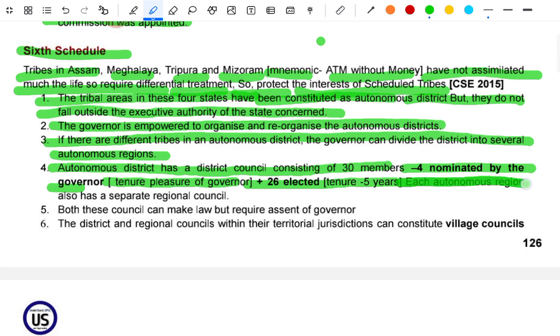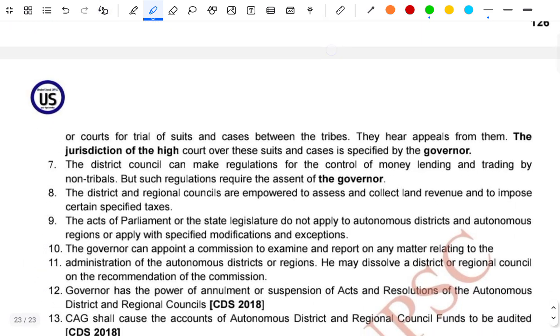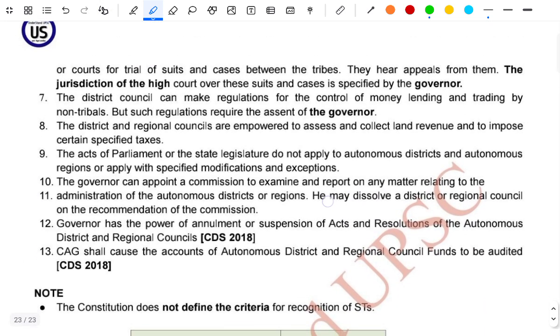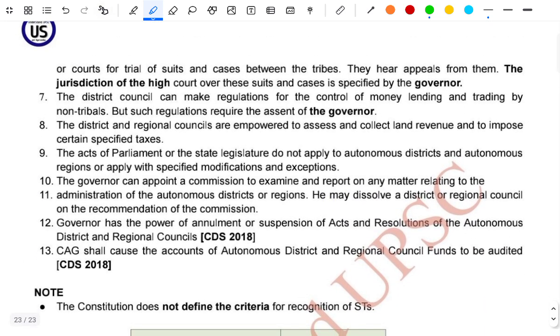Each autonomous region also has a separate regional council. Both these councils make rules, but they require the assent of the Governor. The district and regional councils, within their territorial jurisdiction, can constitute village councils to try suits and cases between the tribes.